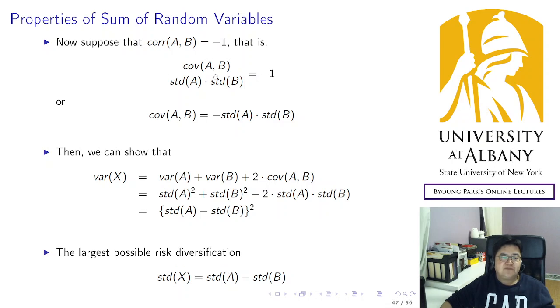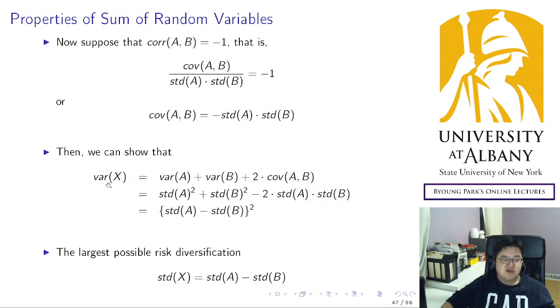In that case, the covariance is -1 times the standard deviations, and then put it back into the formula. Variance of X is variance A plus variance B plus 2 times covariance. Replace covariance with this relationship, which is implied by correlation -1, and then this equation can be simplified to this squared form, right?